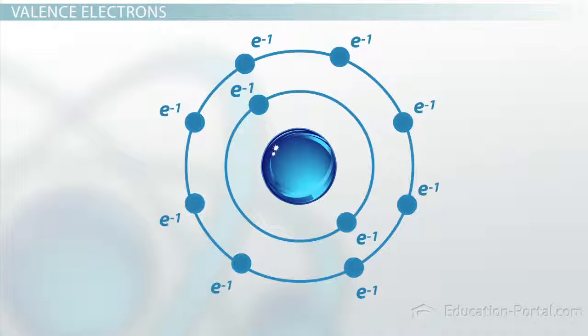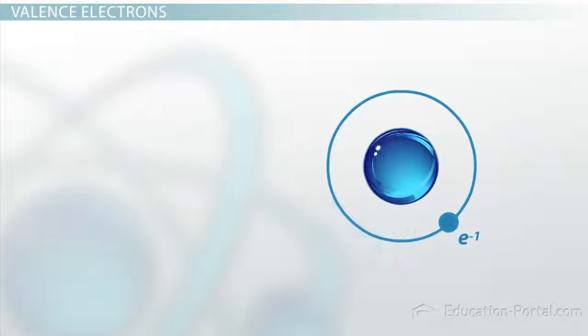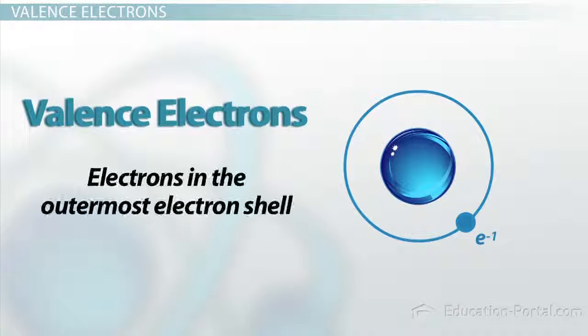And we talk about the electrons in the outermost shell. So in this case, let's say I have 1 electron shell and I have 1 electron in this orbital. This electron level is called the valence electron level. And the electrons in this orbital are the ones that are going to interact with other atoms.